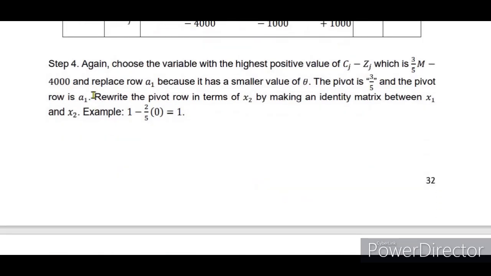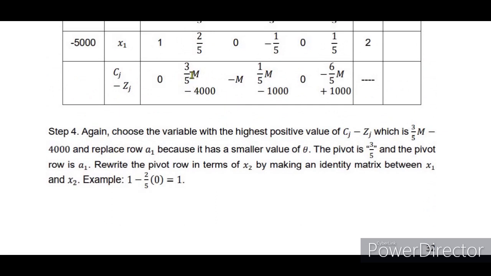So step number 4, again, we choose the variable with the highest positive value of cj minus zj, which is 3/5 m minus 4,000. Okay, it is the highest positive value here, right? And replace a sub 1 because it has a smaller value of theta.